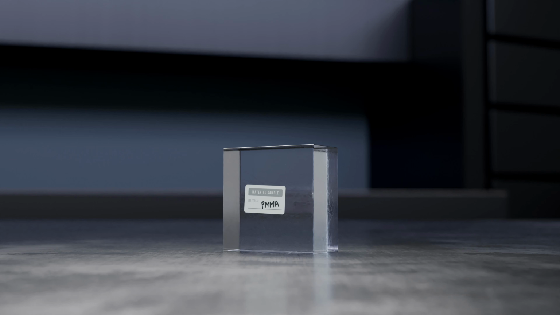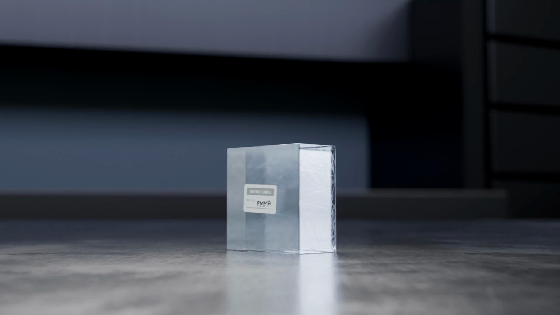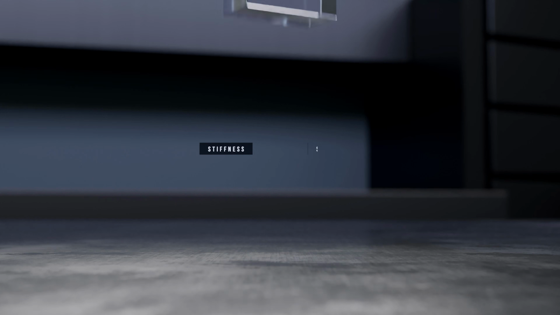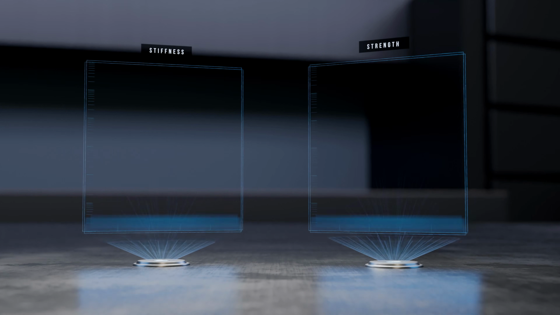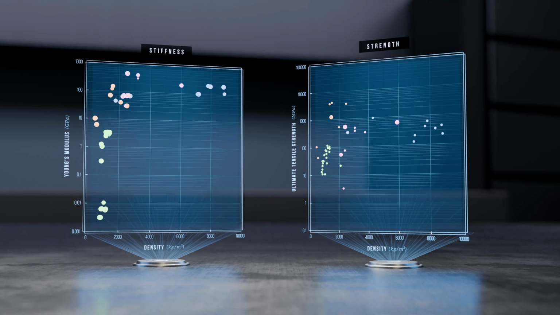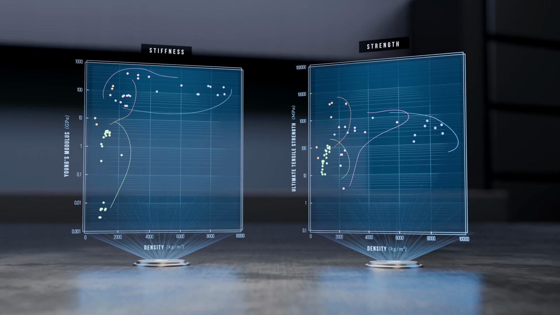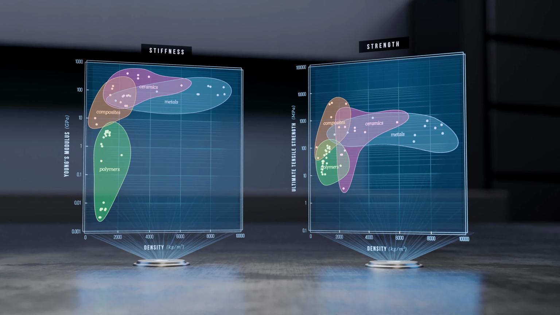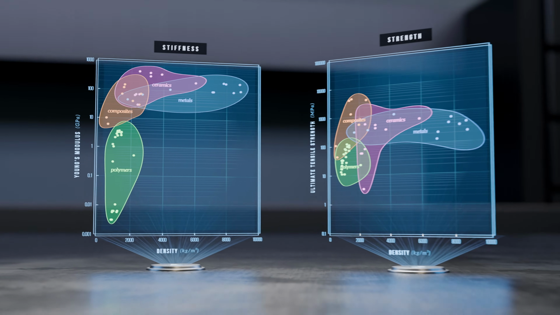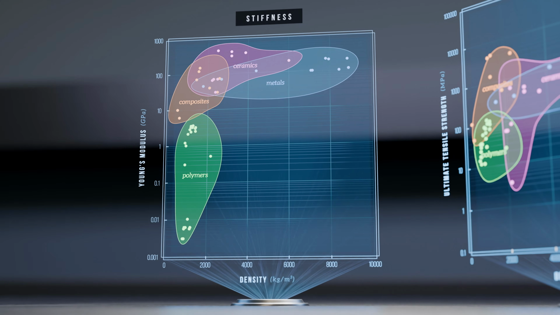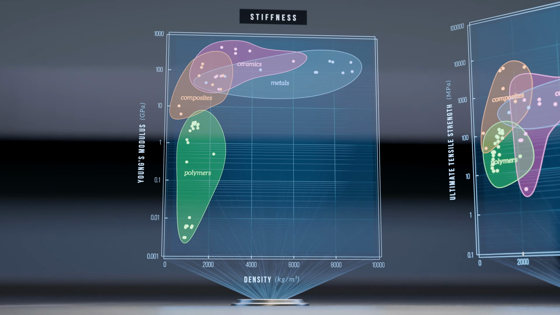To be able to use polymers effectively, it's important to understand their mechanical properties. Let's start by looking at two key properties: stiffness and strength. When plotting stiffness and strength against density for polymer, metal, ceramic, and composite materials, polymers are clearly clustered in the lower left region of the graphs. They have low stiffness, with Young's modulus values maxing out at around 4 gigapascals, which is 50 times less than steel.